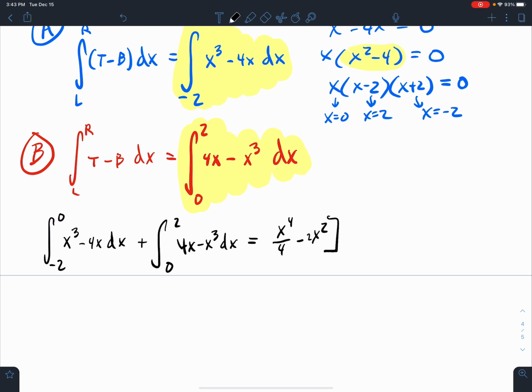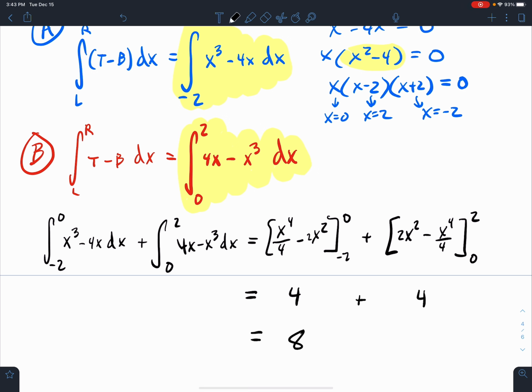And then I integrate from -2 to 0. And then the second part here is 2x squared, and then minus x to the fourth over 4 from 0 to 2. And when I do a whole bunch of algebra, I end up getting 4 plus 4, which gets me 8.